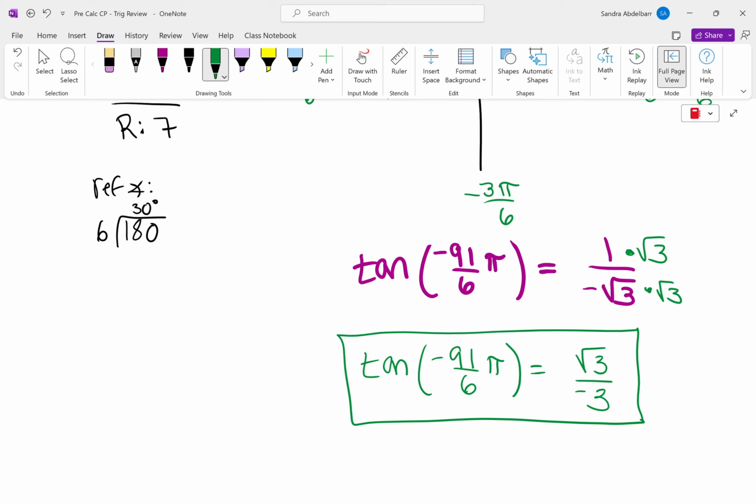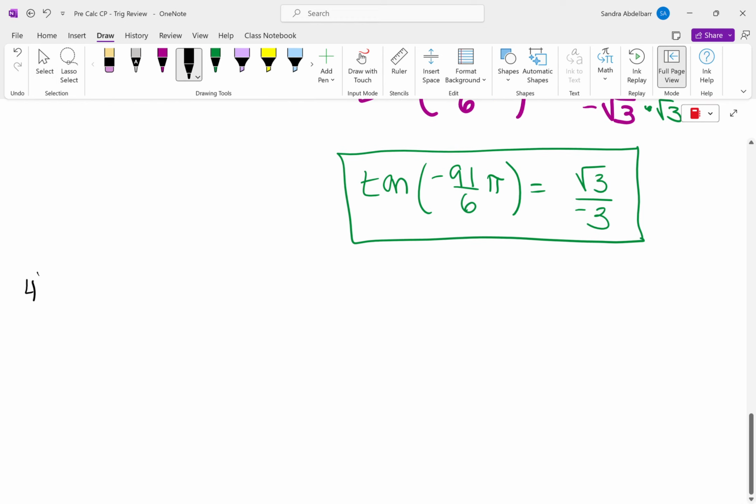Okay, you guys try number 4 on your own. Oh, sorry, you guys don't know what number 4 is. Number 4 is the secant of 100 pi.